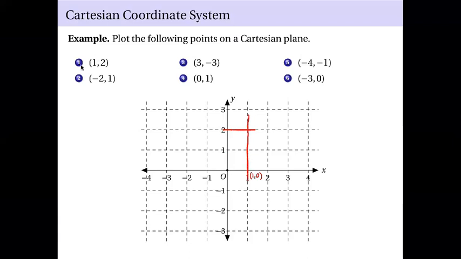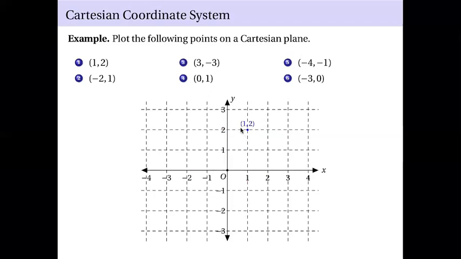And then we draw a horizontal line passing through the point 0, comma 2. If we get the intersection, which is this point here, that will be the point 1, comma 2.